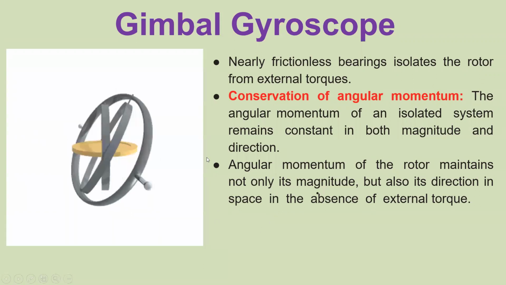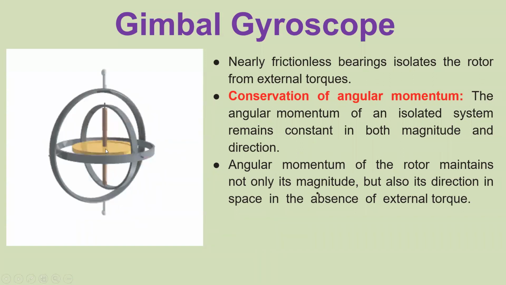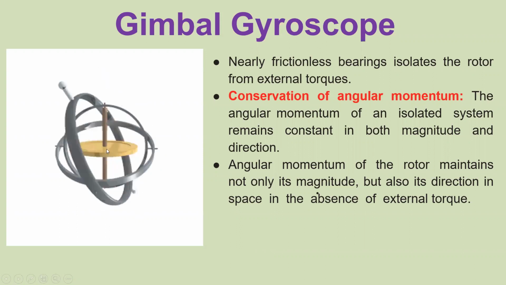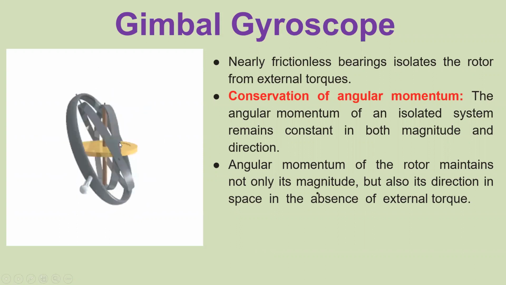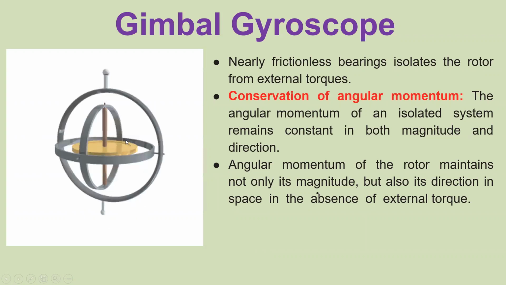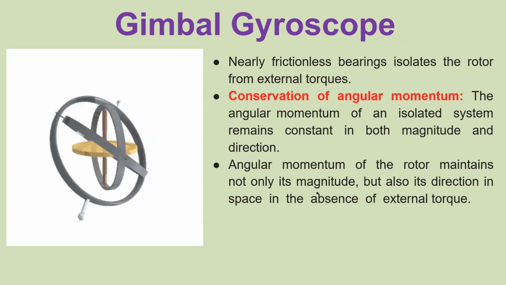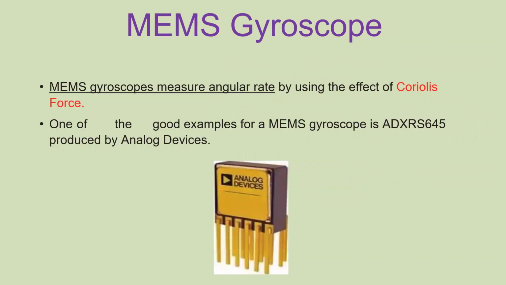As given here, this will conserve the momentum not only in magnitude, but also in direction. That's why this does not change its orientation. That is about the gimbal gyroscope.